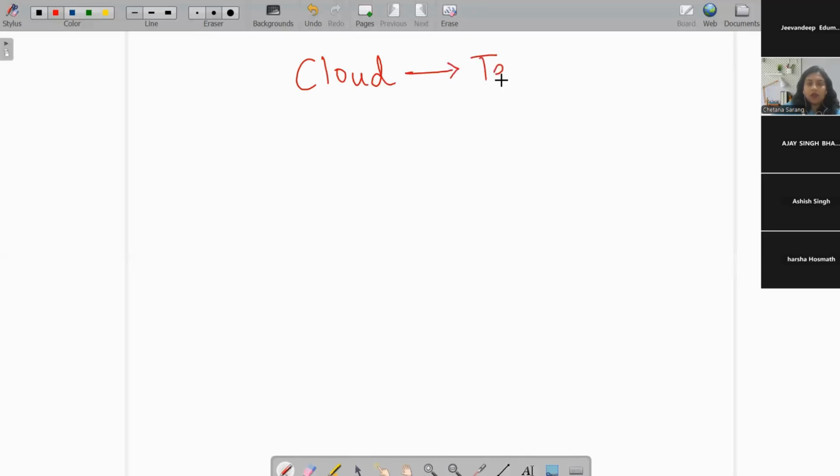Cloud in the context of technology. Basically, cloud is a storage where we can store our file data. Yeah, right. Okay, how is it different from the regular storage or on-premise or on the device storage?